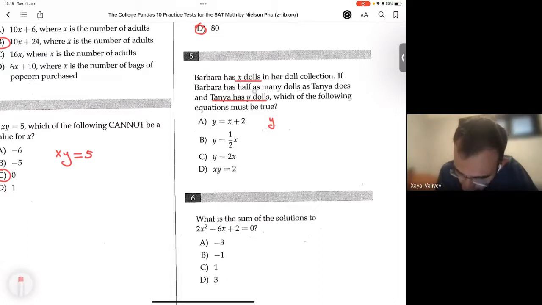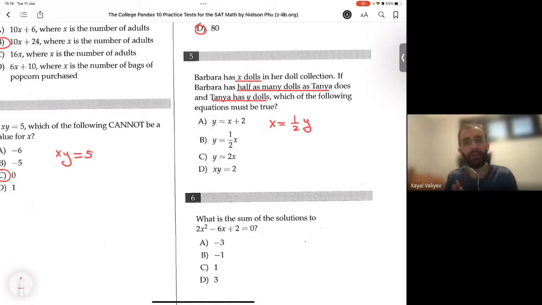And Barbara has half as many dolls as Tanya. Half as many as. That means Barbara has half the amount that Tanya has, right?